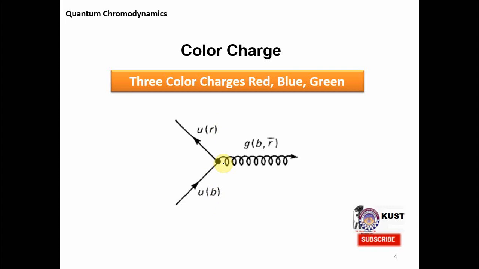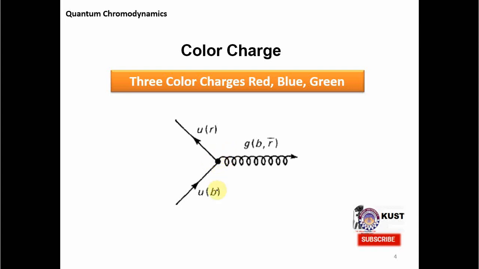So there must be another accompanying gluon over here, which must carry a kind of charge which preserves this red and blue. Now we also know that these gluons are bicolor, that they carry two colors at the same time. So they must be carrying such a combination of colors that when combined with the up quark at the incoming line and outgoing line, the charge is conserved.